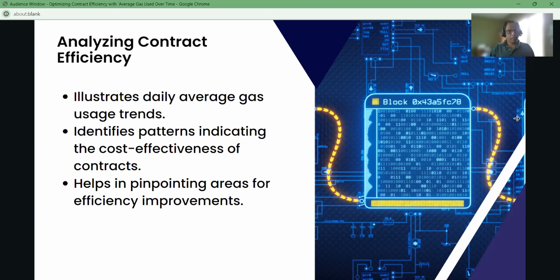Basically, you can identify when to send the marketing campaign so that your users come back in large numbers and interact with your Ethereum blockchain to buy or sell tokens or NFTs with less gas usage. All the data points that we collect help you save money and improve customer satisfaction.